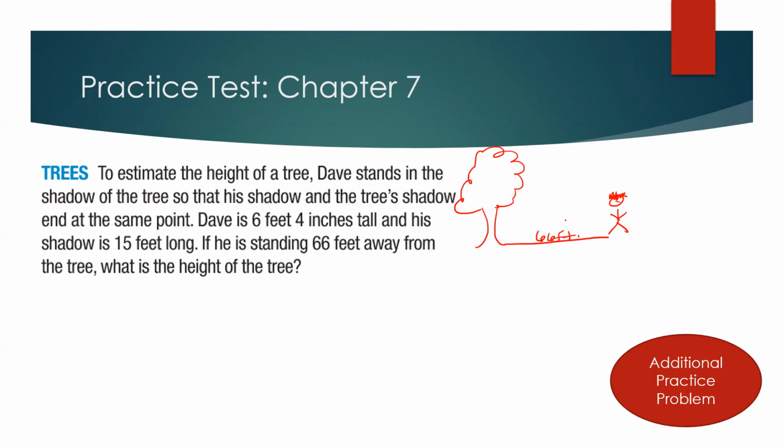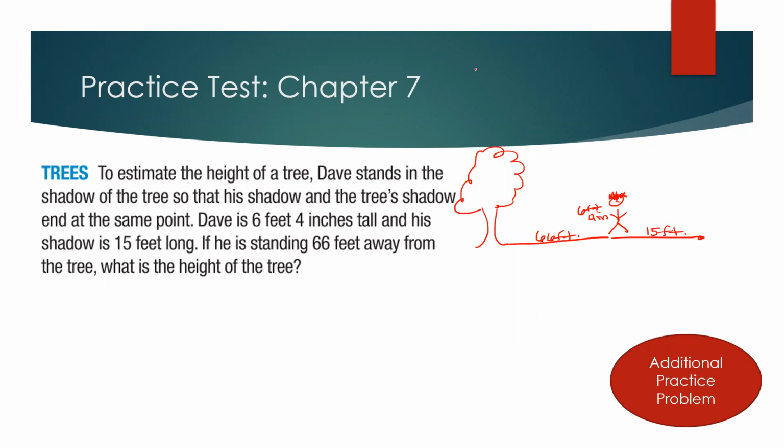All right, and then his shadow is 15 feet long, okay? So from here to the end of his shadow is 15 feet long, okay? And then we know that he is 6 feet 4 inches tall, okay?